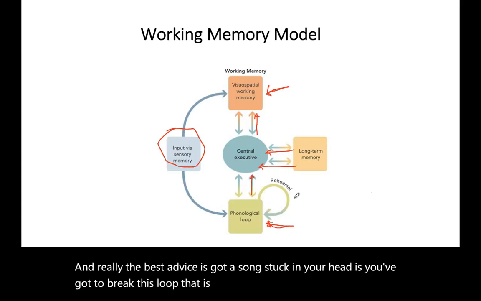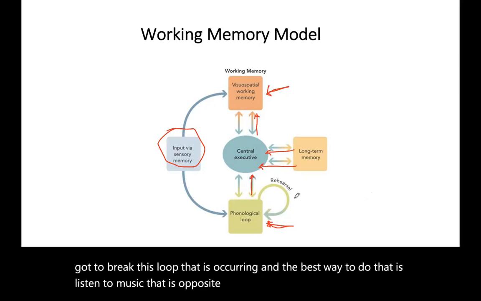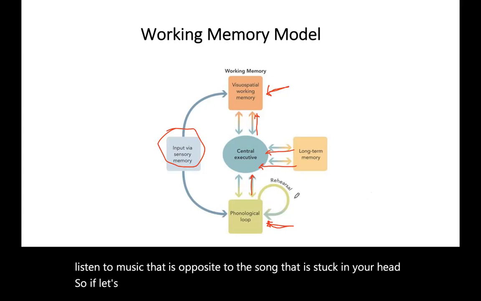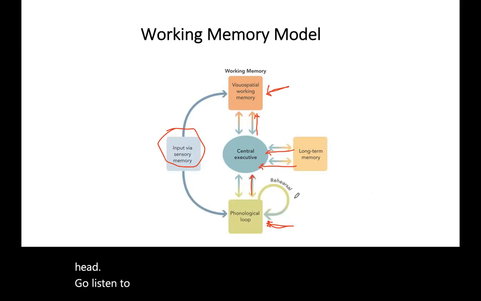And the best way to do that is listen to music that is opposite to the song that is stuck in your head. So if, let's say, you have a country music song stuck in your head, well, go listen to some heavy metal for a few minutes.